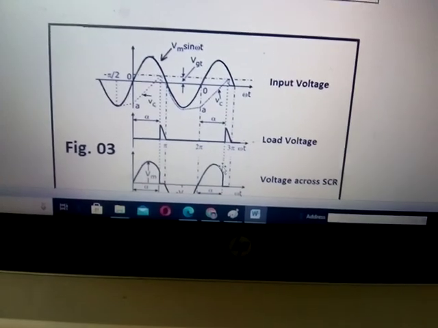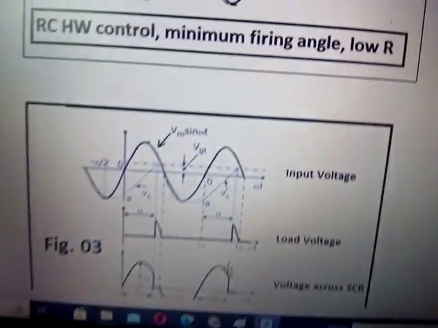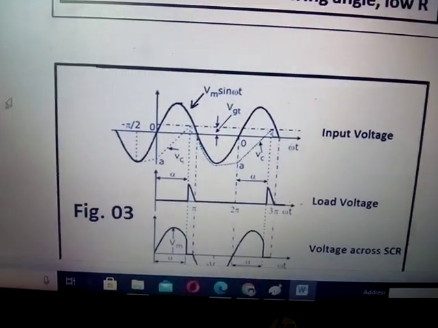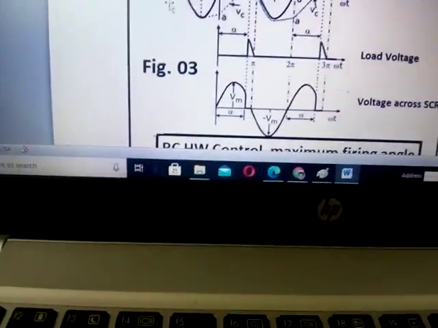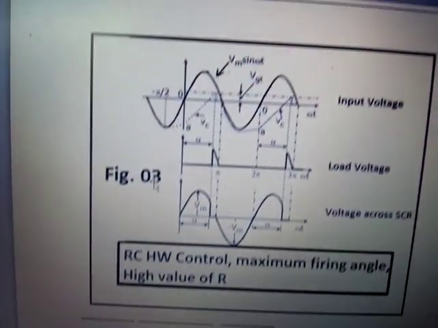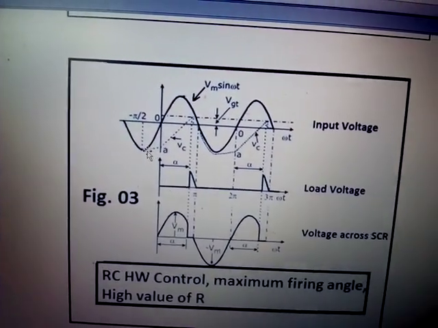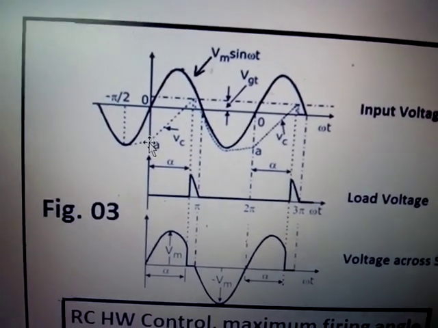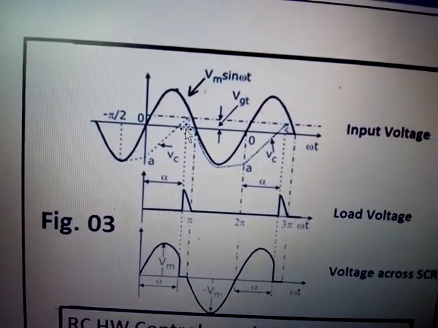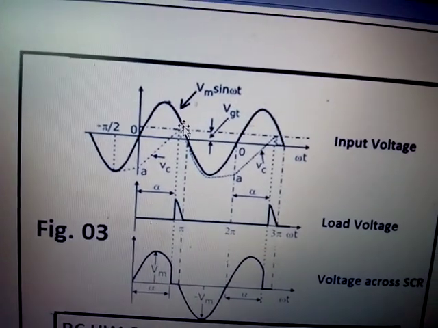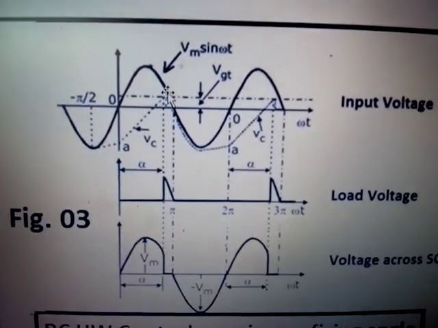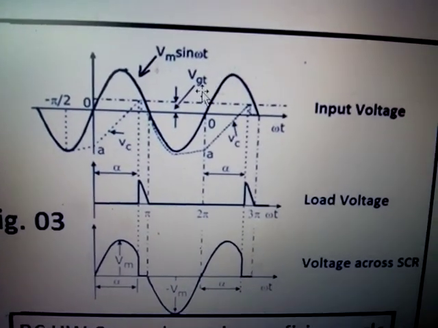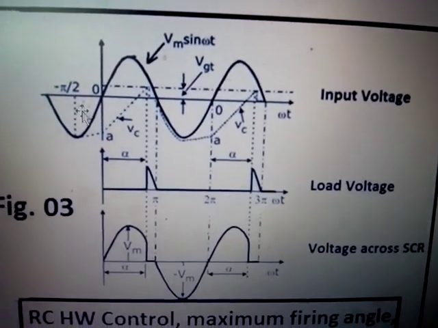If R is high, what happens is the capacitor which has charged to the negative peak during the previous half cycle will now discharge and charge, means reach the positive required gate current VGT, means triggering voltage of gate circuit.